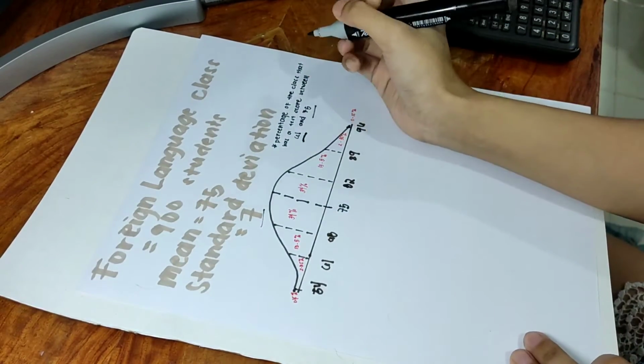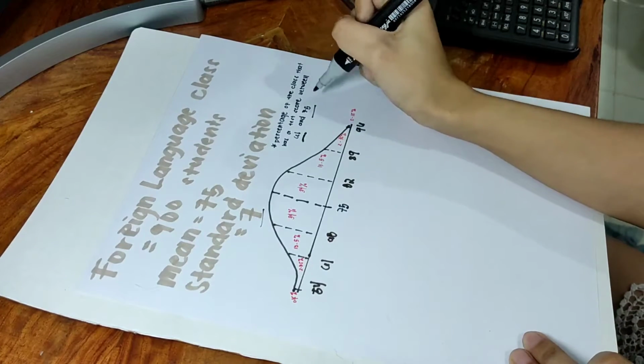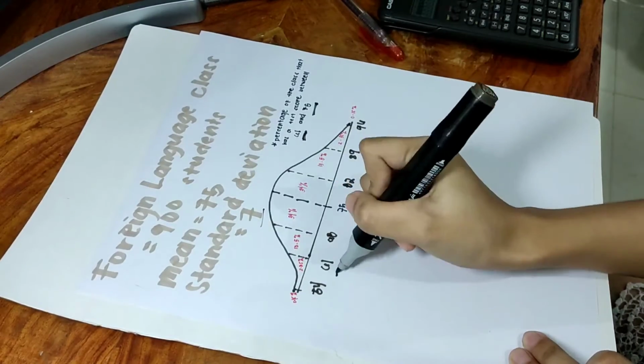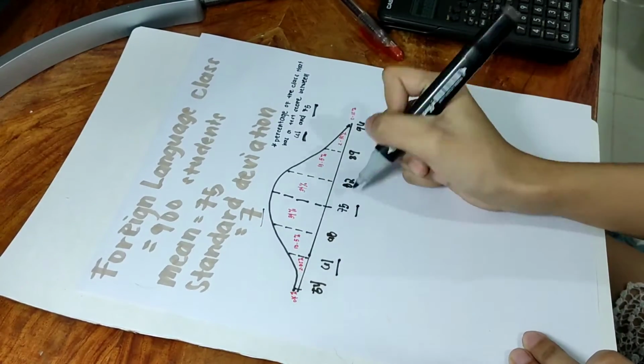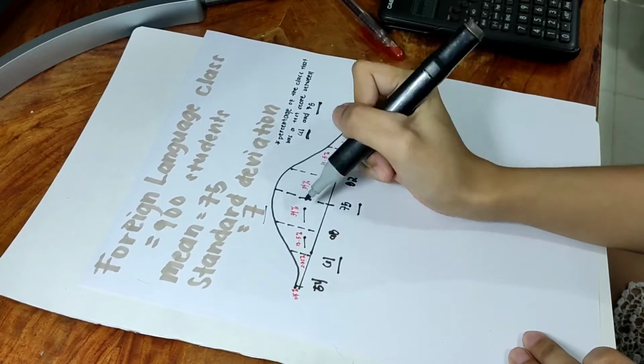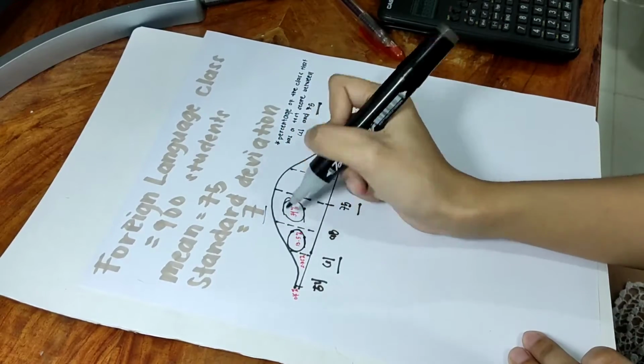The question says 61. Who got a test score between 61 and 75? So, this is 61 and this is 75. All you have to do is add the areas, the percentages here, since we're using the empirical rule.